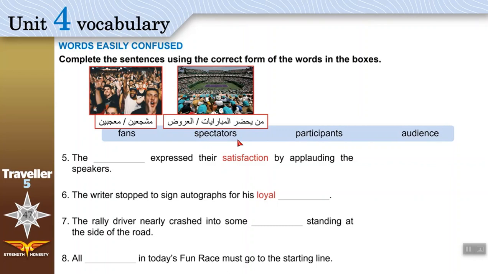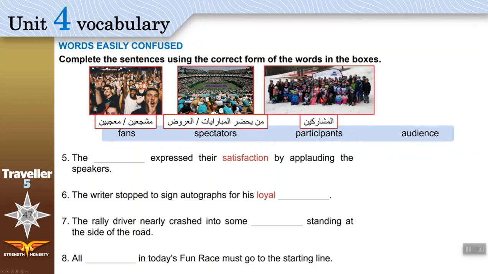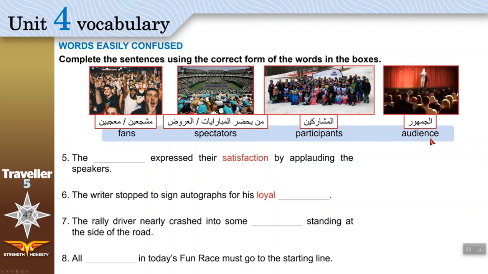Spectators are people who go and attend an event like sports. If you go to the stadium and watch them, you are a spectator. Participants are people who are involved in an event, who take part in it.